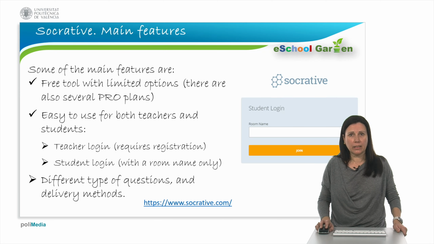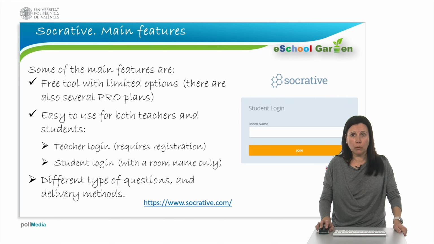In the next slides, we will describe the Socrative application, in particular its main features and how to use it, following the general 4 steps introduced earlier. Before being able to use the application, the teachers must register and request a code for the class or a room name.